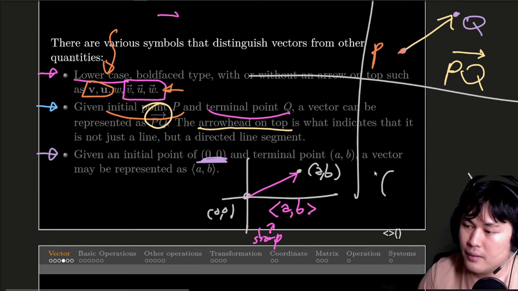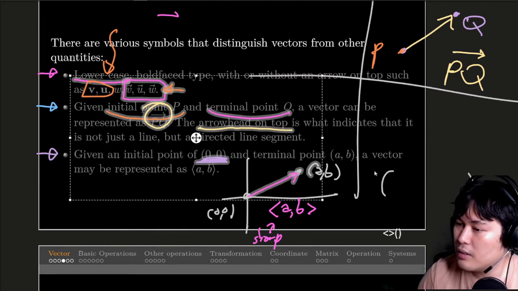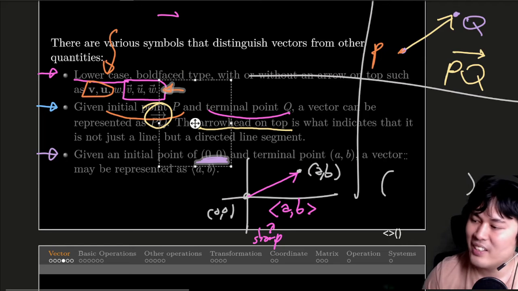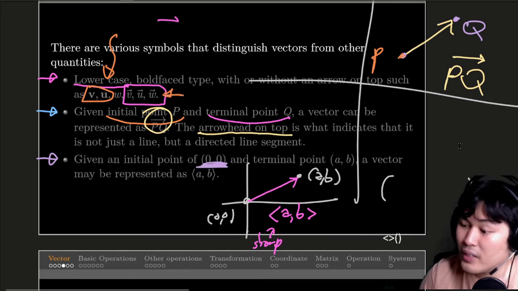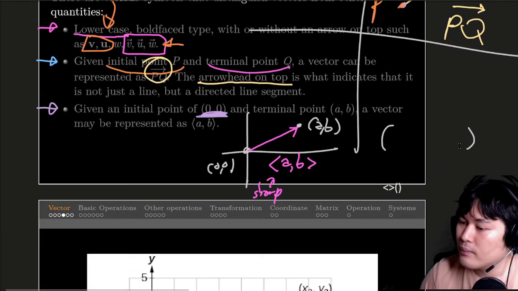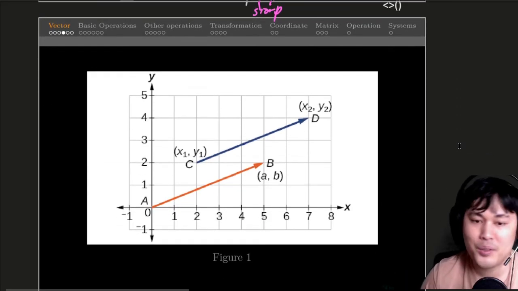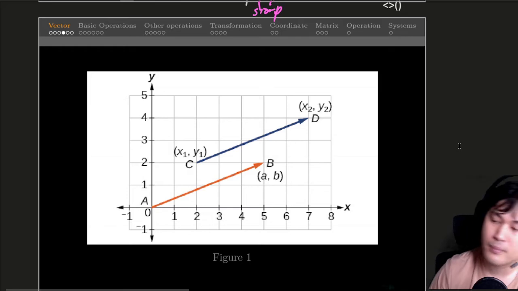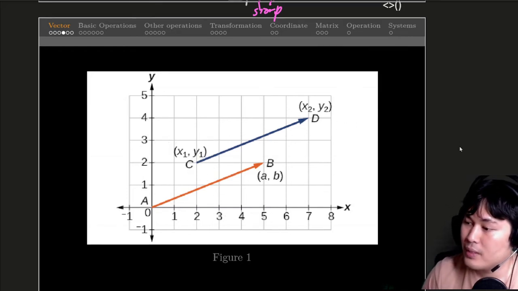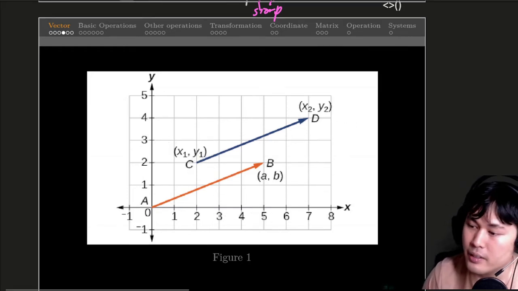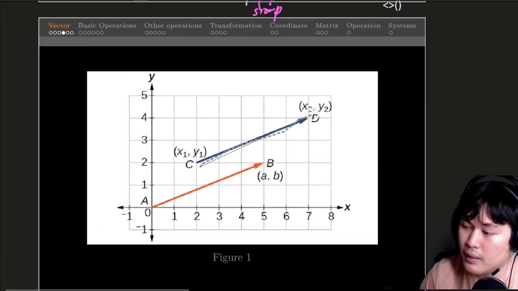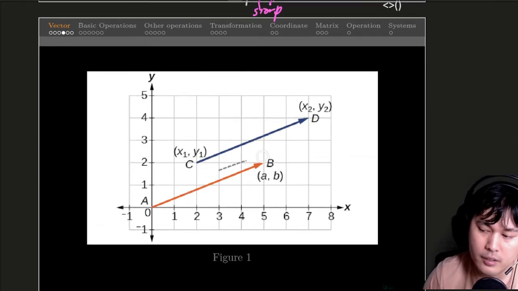Okay, so now, hopefully, I cleared out the way we represent them. Now we are almost ready to do some math on it. So here we have this plane or this image. You can see there are a blue vector and an orange vector.